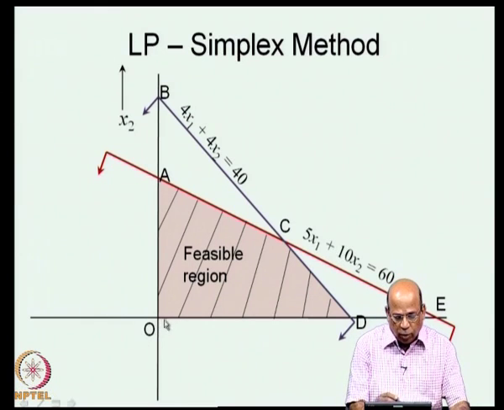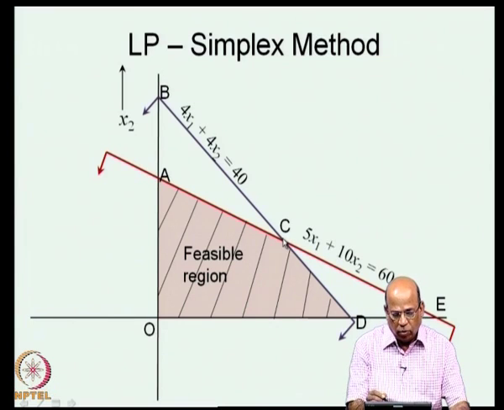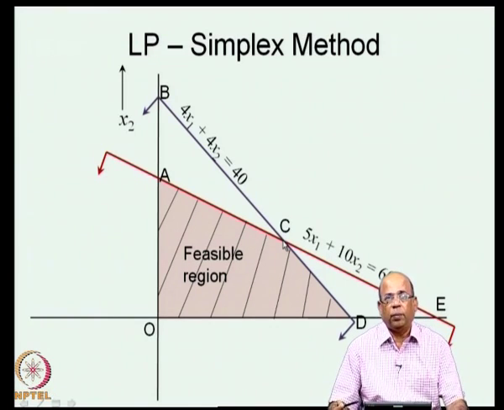So, in this case you had the option of going from O to D or O to A, and then once you come to A, you have the option of going only to C, because that is the next basic feasible solution. If you came to D, you had the option of going only to C, and so on.